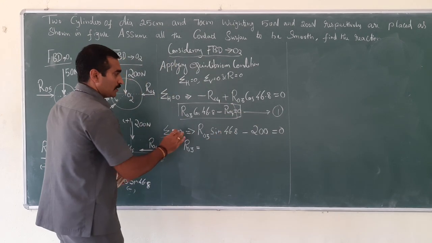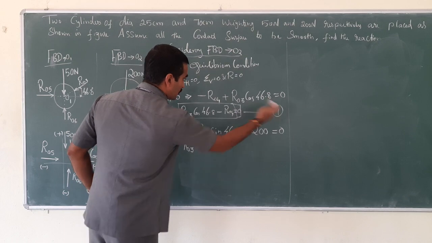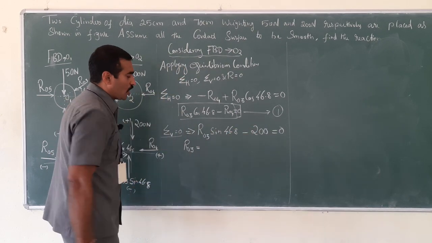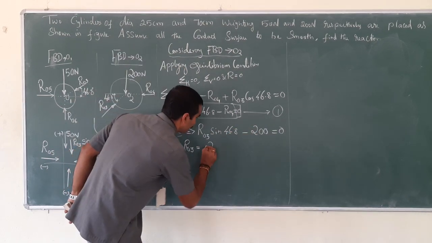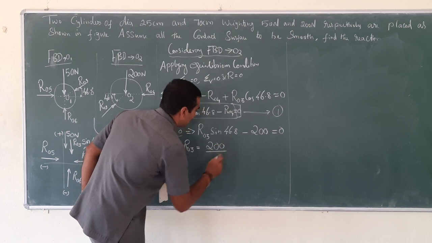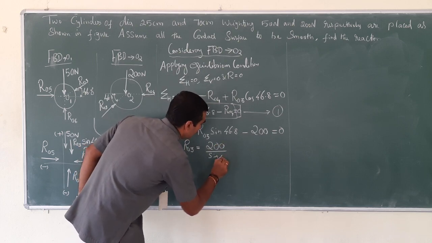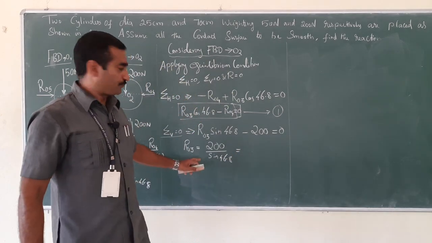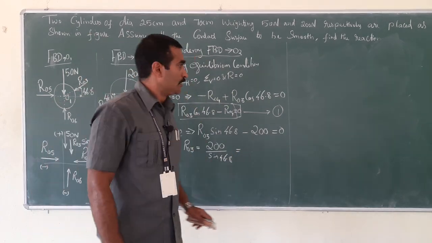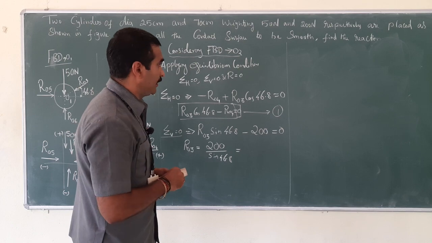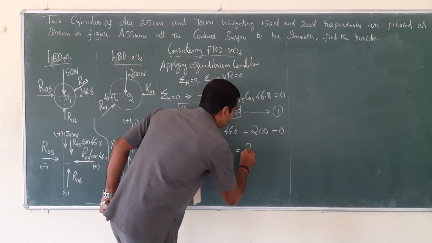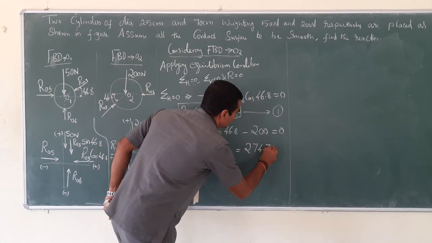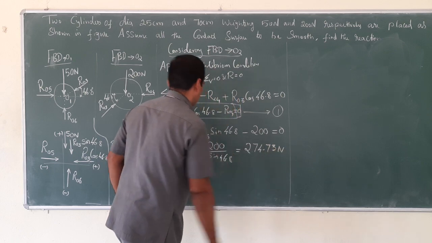If you bring this weight to the right hand side, R03 equal to 200 divided by sin 46.8. If you feed this value in the calculator, you will get R03 in terms of Newton, 274.73 newtons.